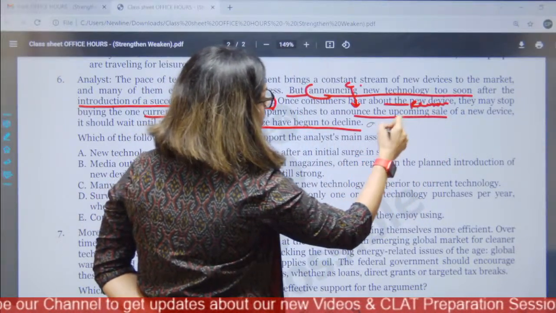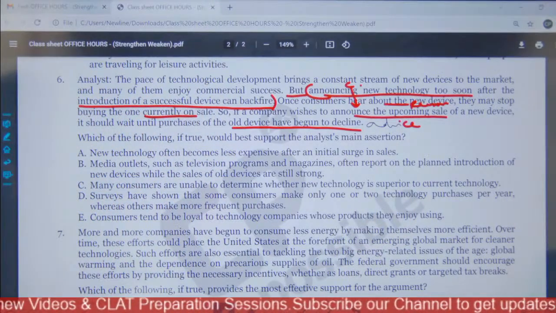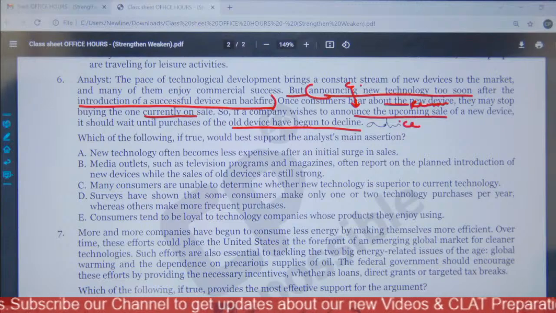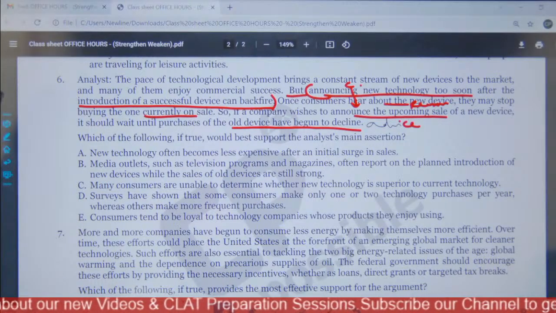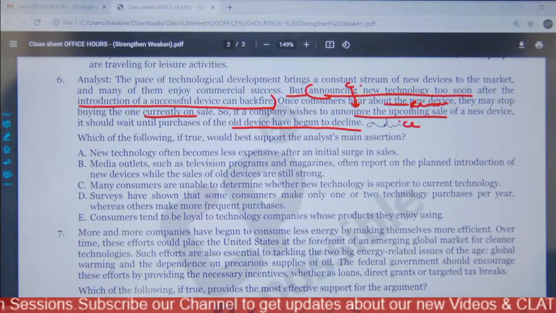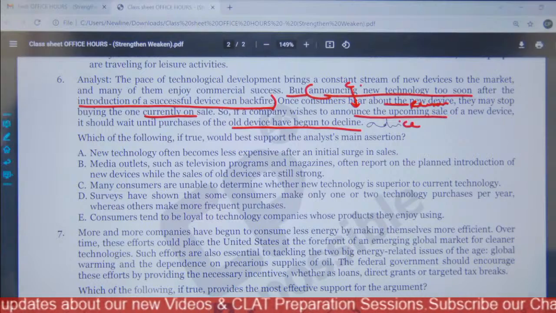This advice is continuing in the last line. Right? So we have to say that yes, if you announce the new device earlier, it will backfire. So let's give one reason or an example to show that announcement has led to backfiring.